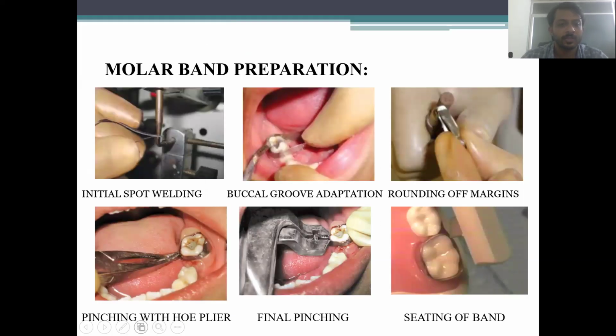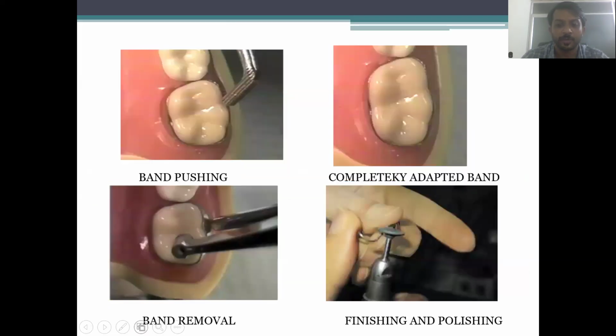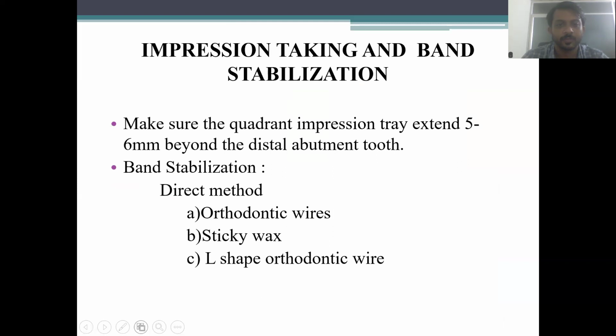So these are the steps in molar band preparation. First, there is initial spot welding, then buccal groove adaptation, rounding of the margins using a burr, pinching with four prong pliers, and then final pinching and seating of the band. Next is band pushing. Next, you can see the completely adapted band around the tooth. And the last step is finishing and polishing.